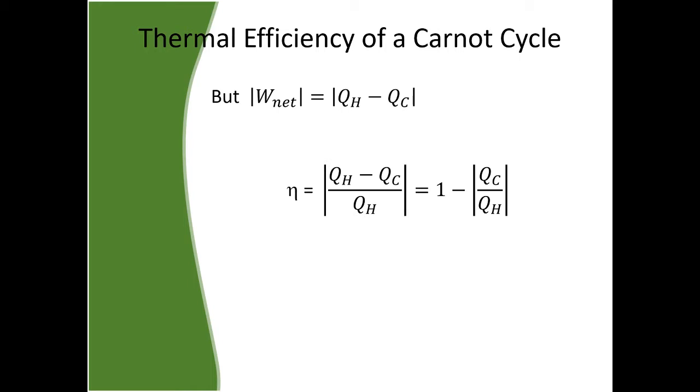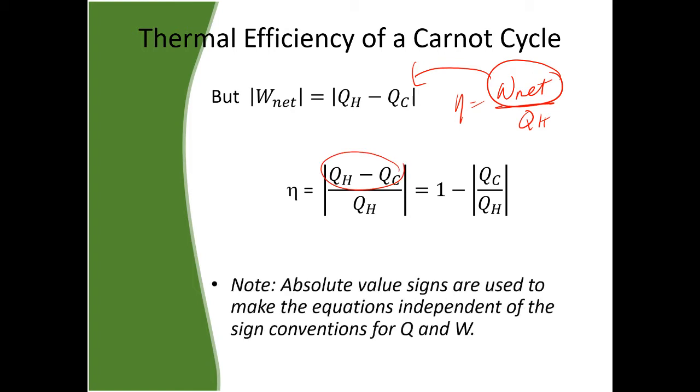And we know that the efficiency of a Carnot cycle is calculated this way, diba? It's actually the work net over QH, but the work net is equal to QH minus QC, so substituting that into the equation, and ni absolute value signs kasi may sign conventions tayo for Q and W, which are pag Q is added to the system, di ba, positive.